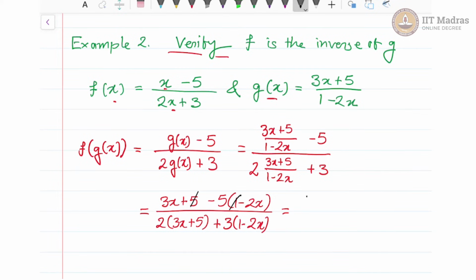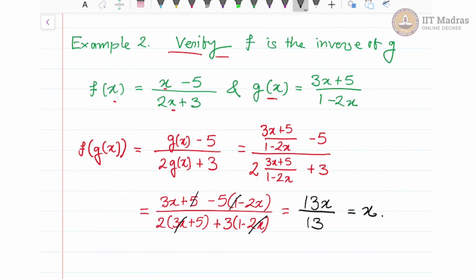So I will simply get here 13x. Now you look at the denominator, which is 2 into 3x, that is 6x. Then look at the corresponding term here, minus 6x. So the terms corresponding to x will vanish, and 3 and 2 into 5, 10. So I will get the denominator to be equal to 13, and that will give me x as my answer. So f o g of x is verified.